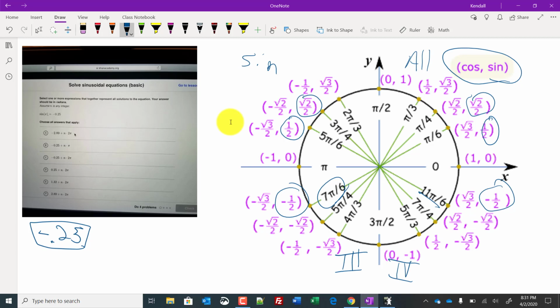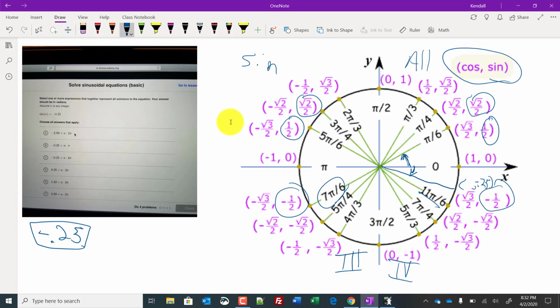With angles, we typically start measuring at the positive x-axis right here, and if we're moving in an upward counterclockwise direction, that's a positive angle. Since ours is negative 0.25, we're measuring downward from there, probably somewhere right in there.